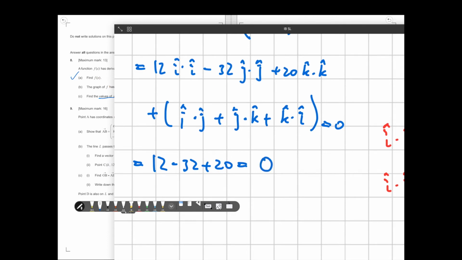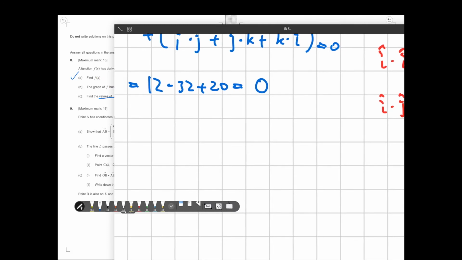Finally, we have 0. So what does it mean? It means that we have two vectors dotted together. We know the vector form of the dot product is equal to the product of the two magnitudes times cosine theta, where theta is the angle between these two vectors.